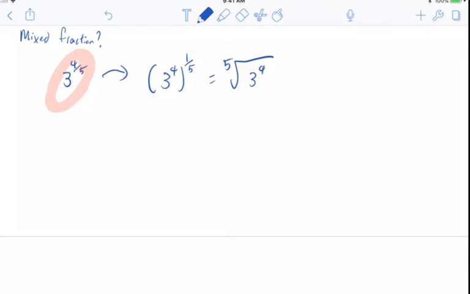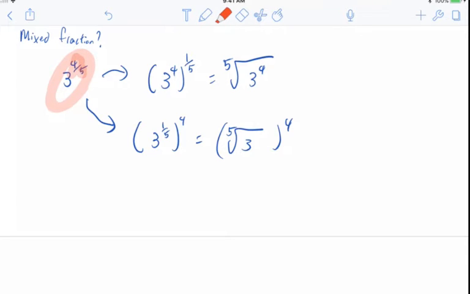Figure that out, calculate that numerically. Or you can think of this as the 5th root, up to the power 4. It doesn't show up very often, but sometimes it does. So we can interpret mixed fractions in terms of this multiplication rule. Break it up into 2 pieces and think of each piece as its own procedure that you have to evaluate.